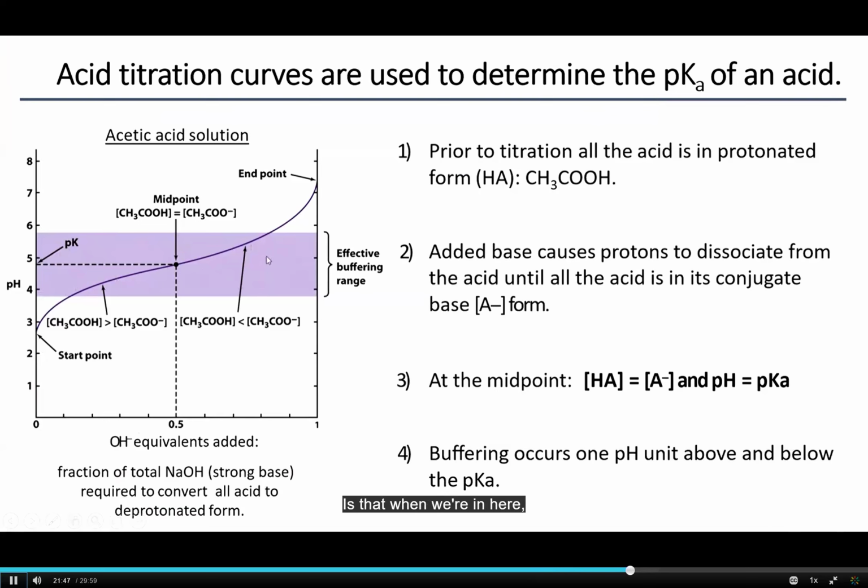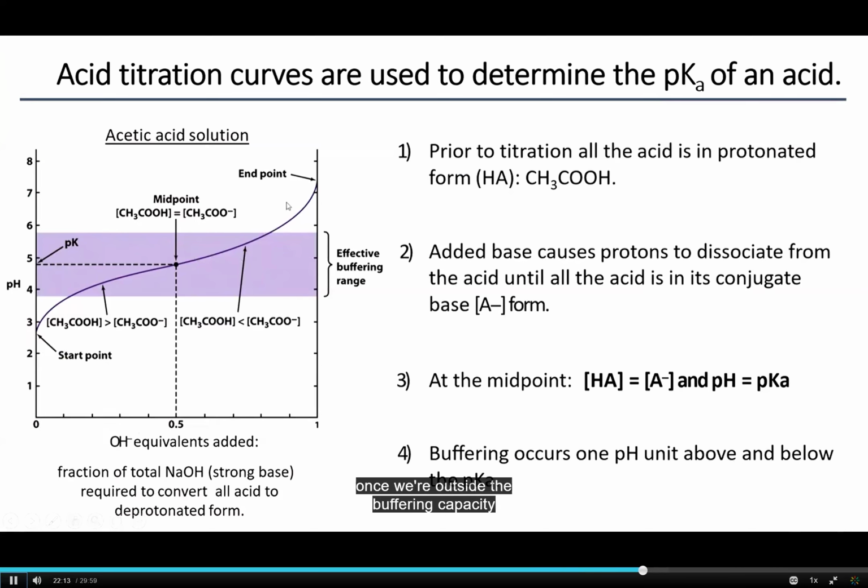And so when we're in here, this is what's called the buffering range or the buffering zone. And so what buffering means is the pH of the overall solution will not move too much as you add OH. And so we can add more and more OH here, but the pH of this solution doesn't change all that much until we get outside the buffering capacity of this weak acid.